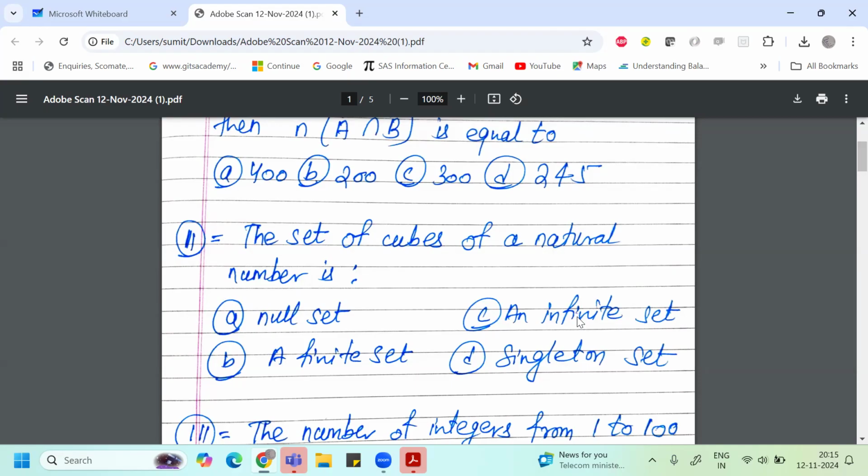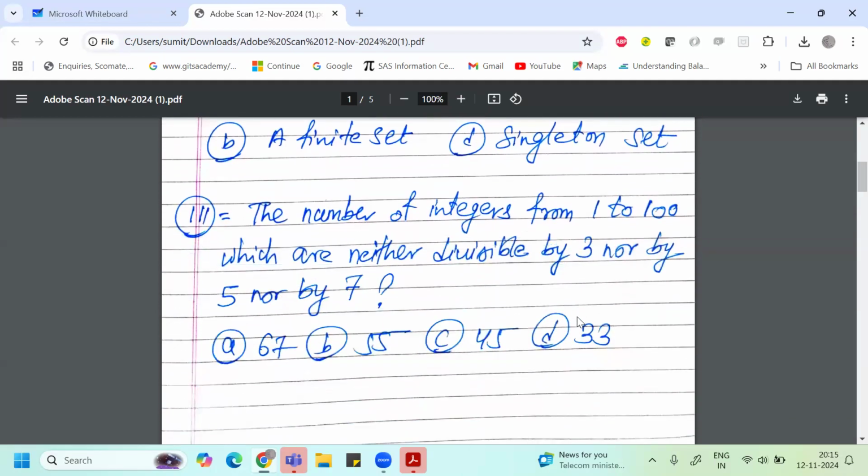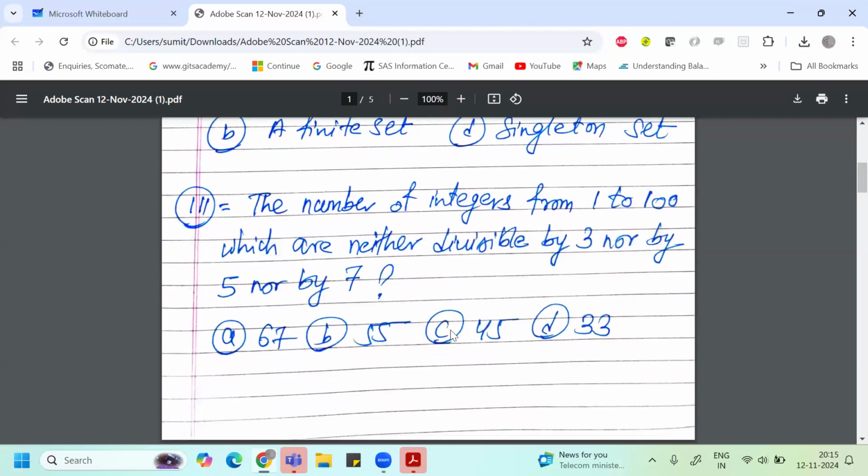A singleton set means you have one element in it. A finite set has a definite number of elements within the set. You will represent elements in the set through set builder form or by algebraic form. Whenever we talk about a set, you know what we mean by a set: a number of defined elements which are well organized. That is basically called a set.